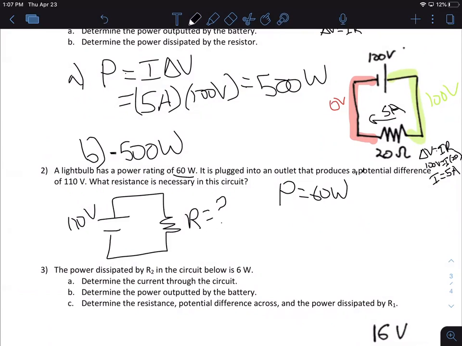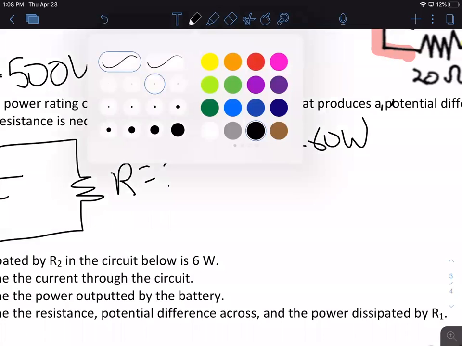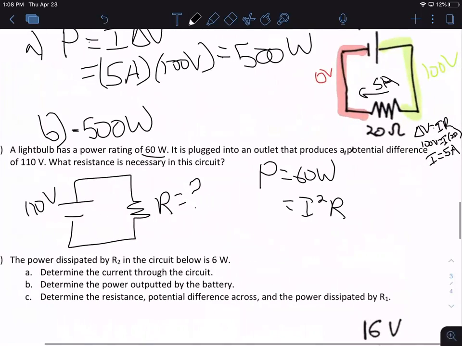Okay, so I've got power equals I delta V, or power equals I squared R. And we're just going to assume that the light bulb is the only resistor in the circuit here. It's the way we're going to have to do this.